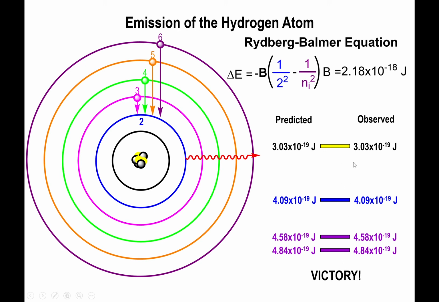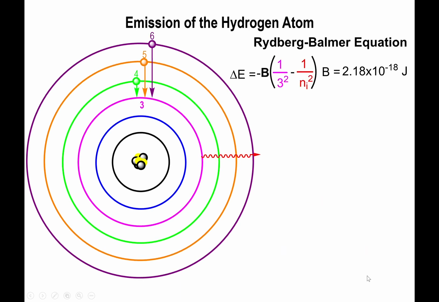It's because of quantum mechanics. And with this simple quantum mechanical model of the Rutherford model of the atom, we have actually predicted each one of the emissions of light of the hydrogen atom. So this is definitely a big victory for quantum mechanics.